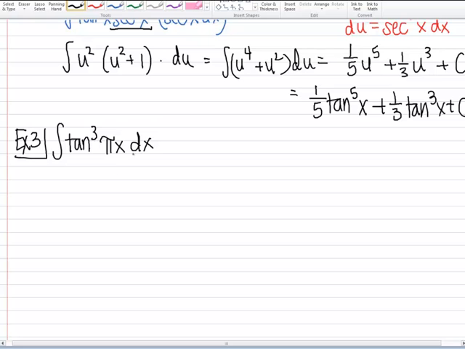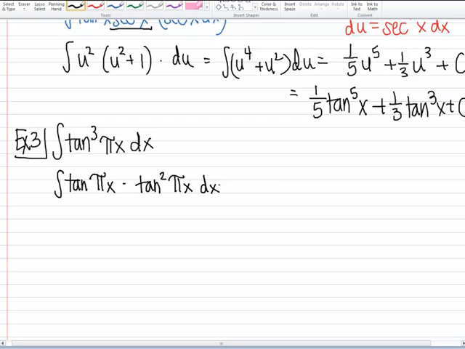This particular one's going to be a little bit different. We are going to break apart one tangent from two others. The trick here is that the derivative of tangent is secant squared, the derivative of secant is secant tangent, and we don't have a secant in here anywhere. So we're going to have to put one in there.